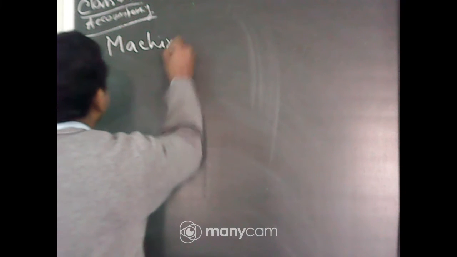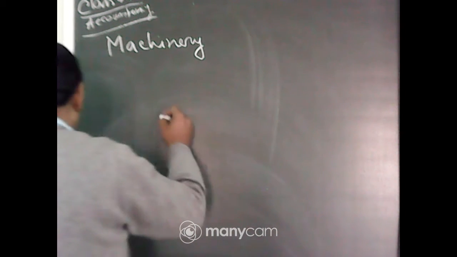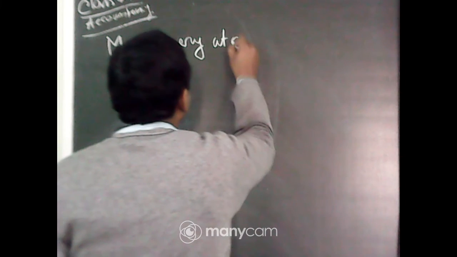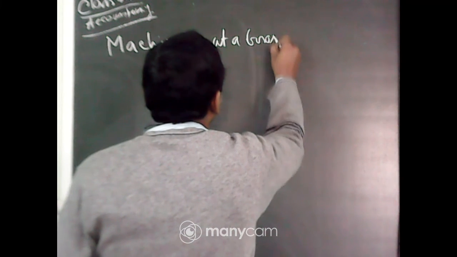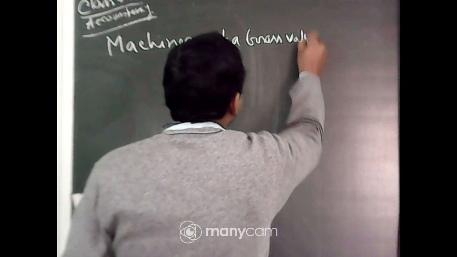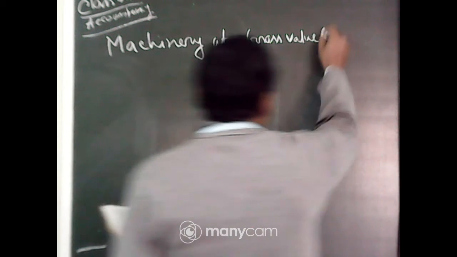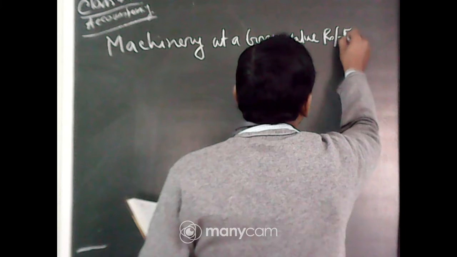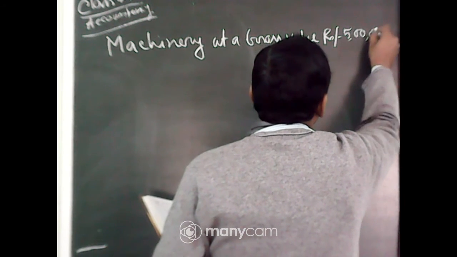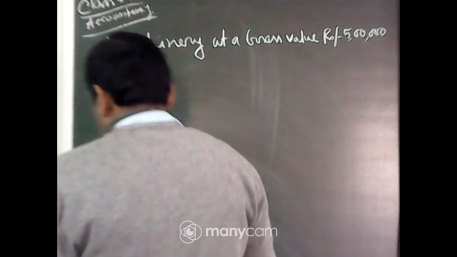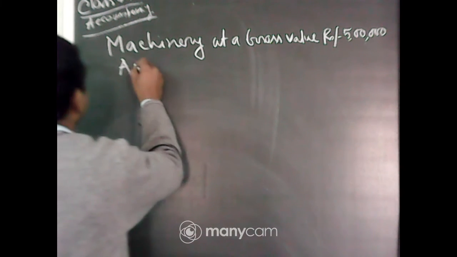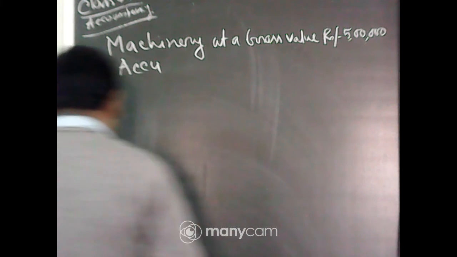Suppose machinery at a gross value of rupees 5 lakh. Now, accumulated depreciation means the provision for depreciation actually followed by the particular organization.